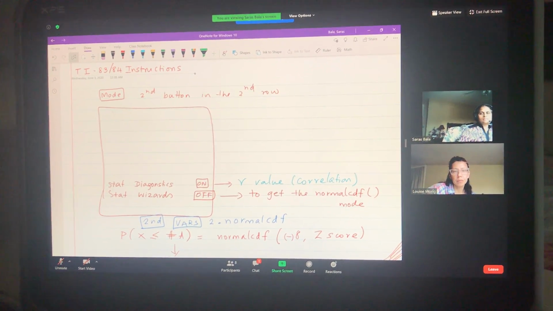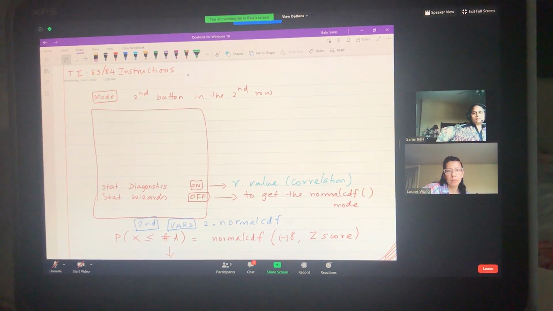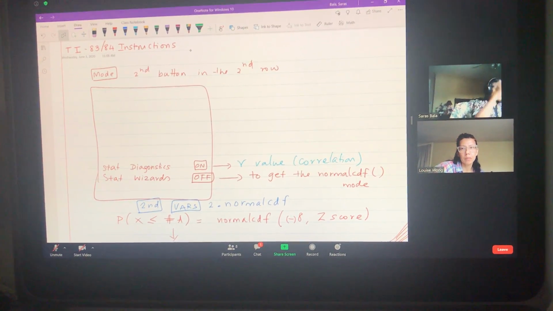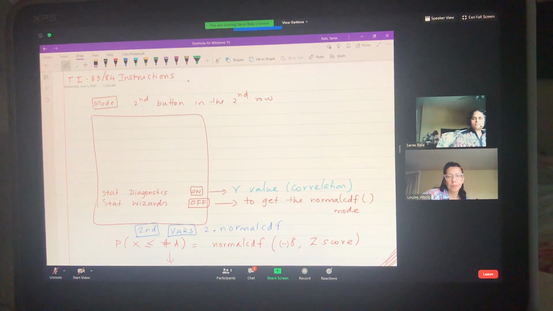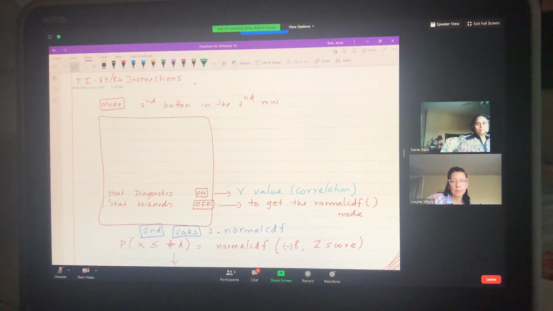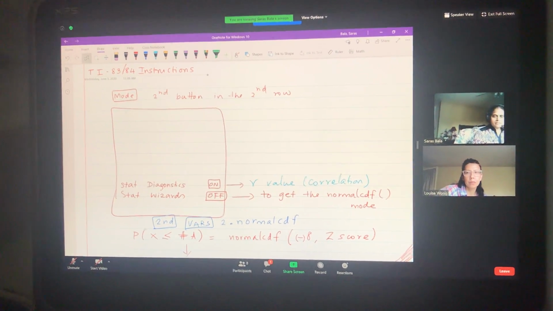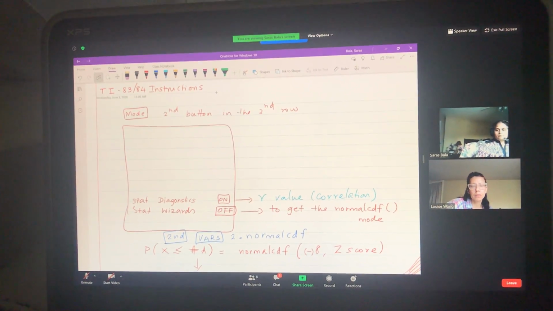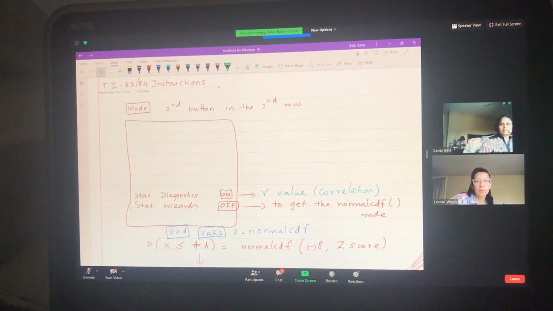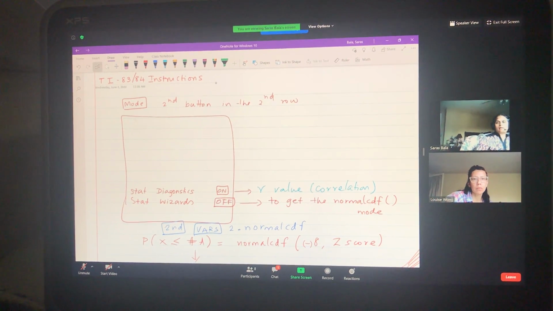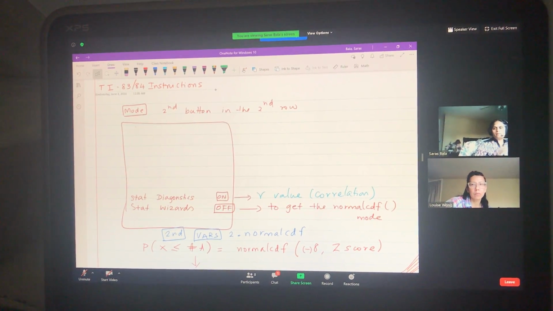Yes, hit enter. And then you get the screen full of some options, and then go to Stat Wizards, turn it off, and make sure the Stat Diagnostics is on. Don't touch that. It should be on. Only then you get the R value.